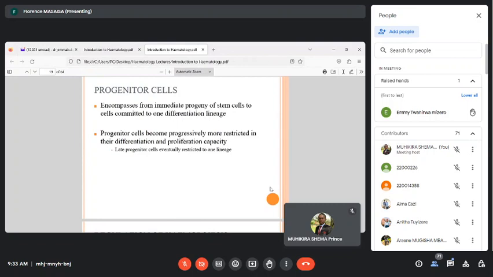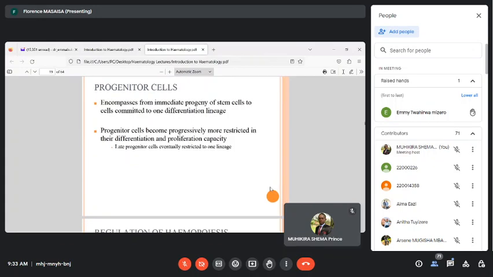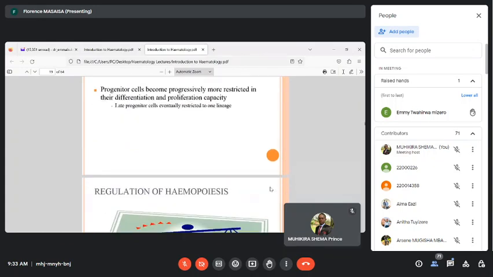So these are restricted to produce one type of cell. They become progressively more restrictive in their differentiation and capacities. The late ones may have one lineage of cell production.